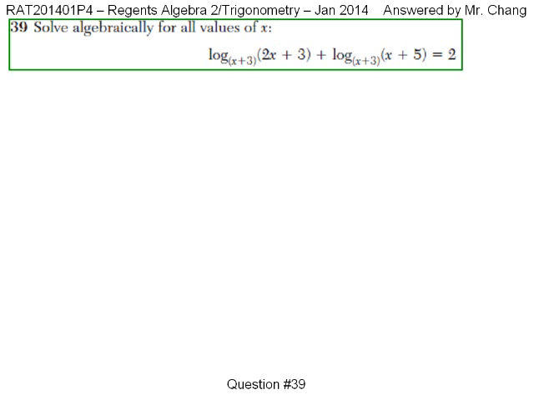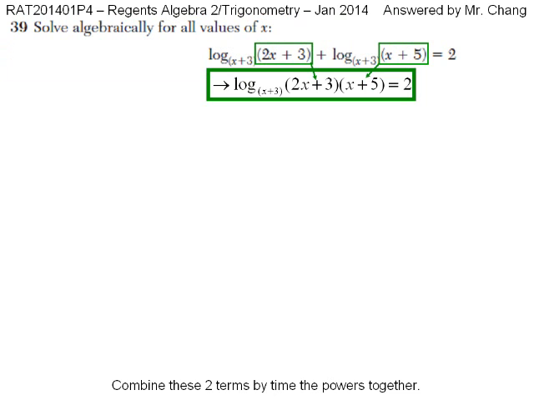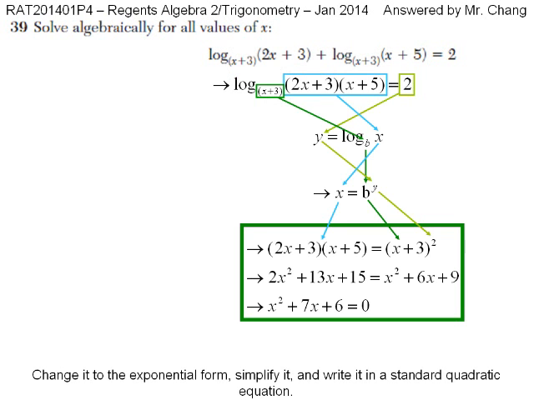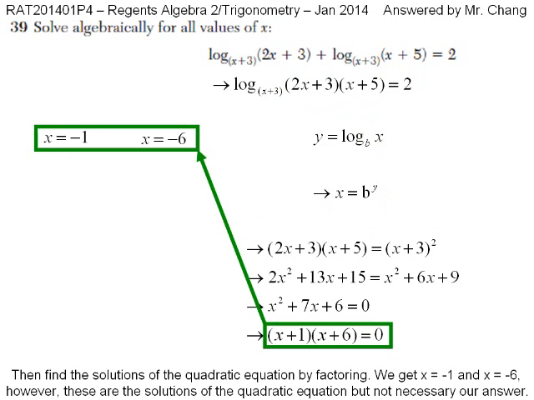Question number 39. Combine these two terms by tying the powers together. Change it to the exponential form, simplify it, and write it in standard quadratic equation. Then find the solutions of the quadratic equation by factoring.